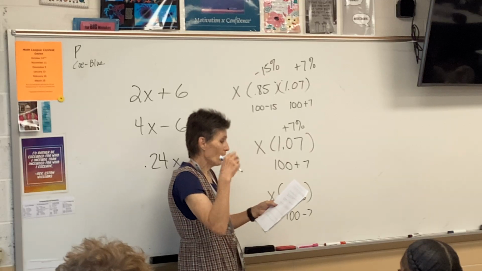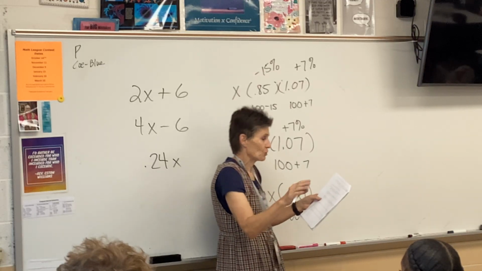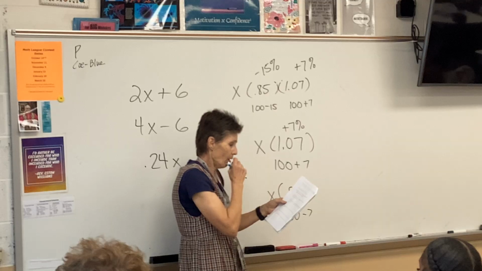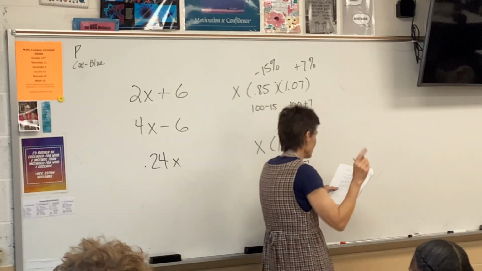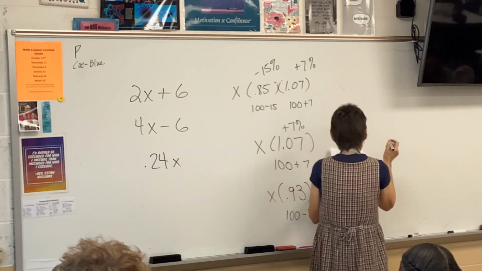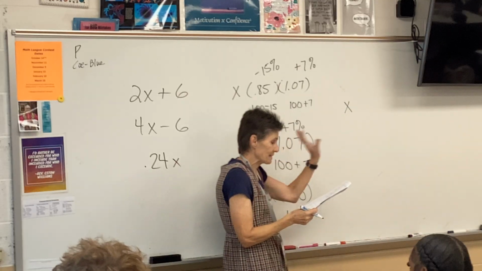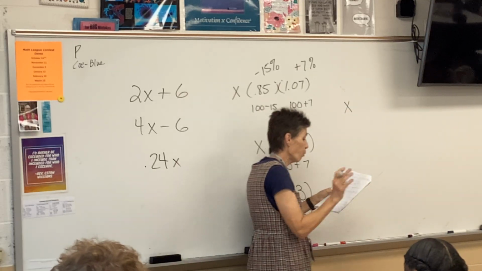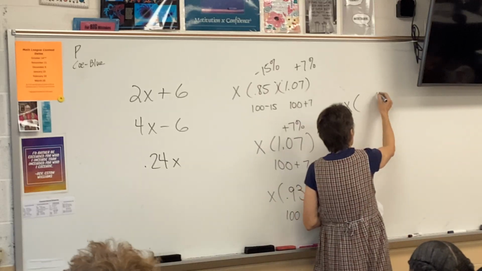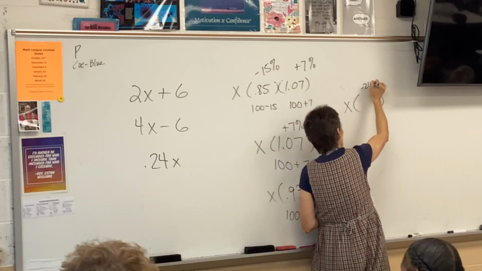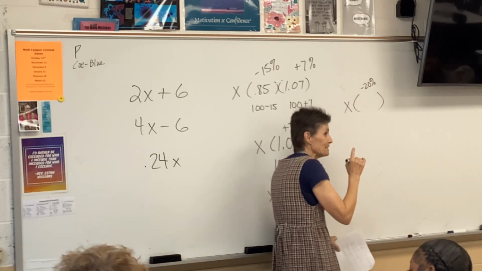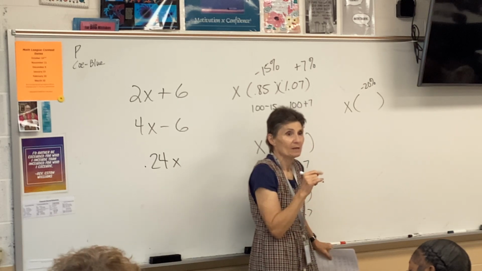Let's get down, while we're on this track, let's get down to H. We'll come back and do F and G in a minute. But let's do H. I have an item. The original price is X. There's a 20% discount. So what am I gonna multiply by if there's a 20% discount? 0.8.